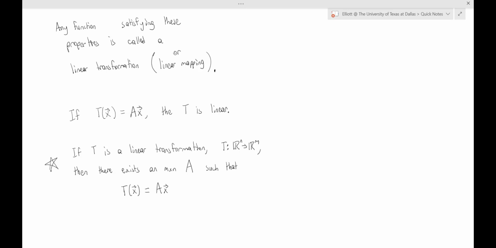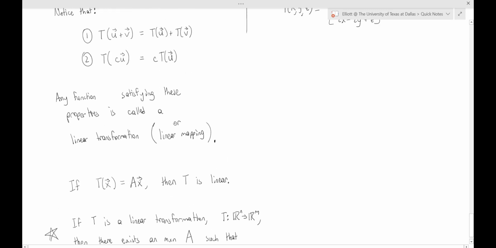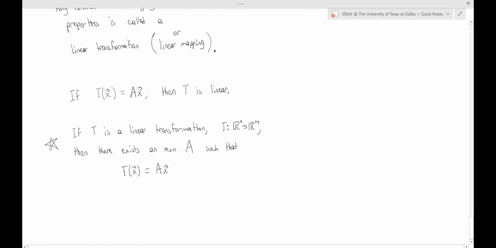So if your function multiplies the input vector by a matrix, then it is linear. But vice versa, if your function is linear, meaning it satisfies these two properties, then it must have this form where it multiplies the input by a matrix, okay?